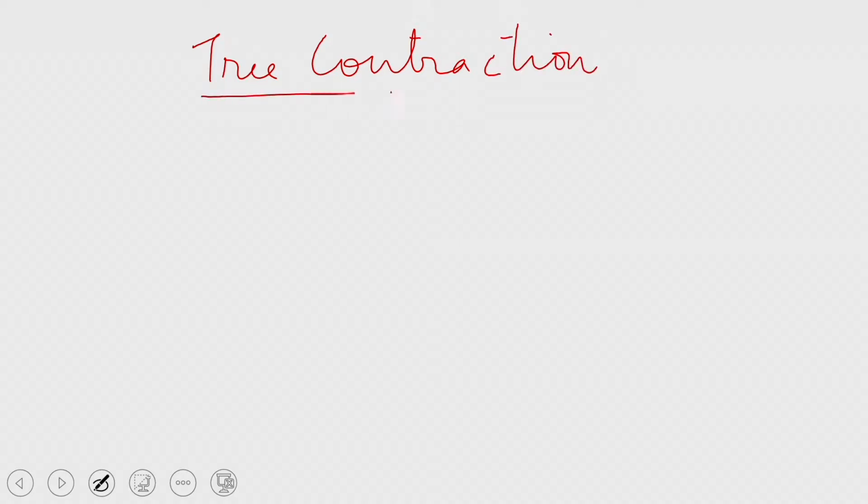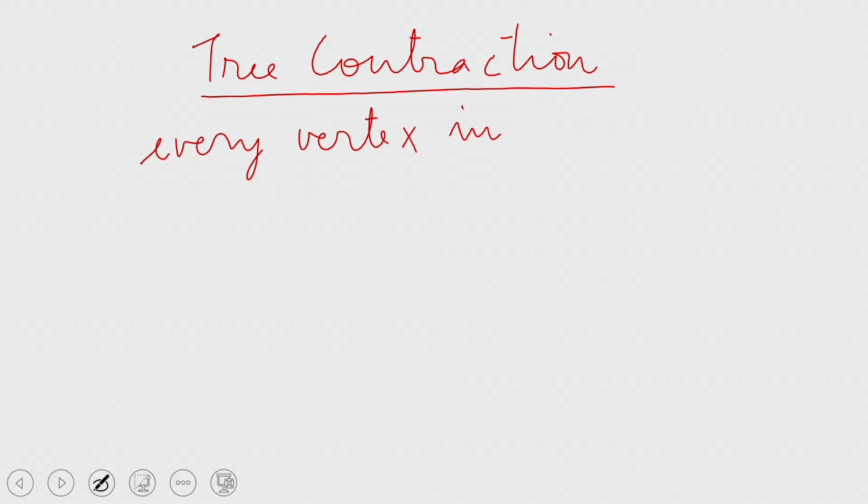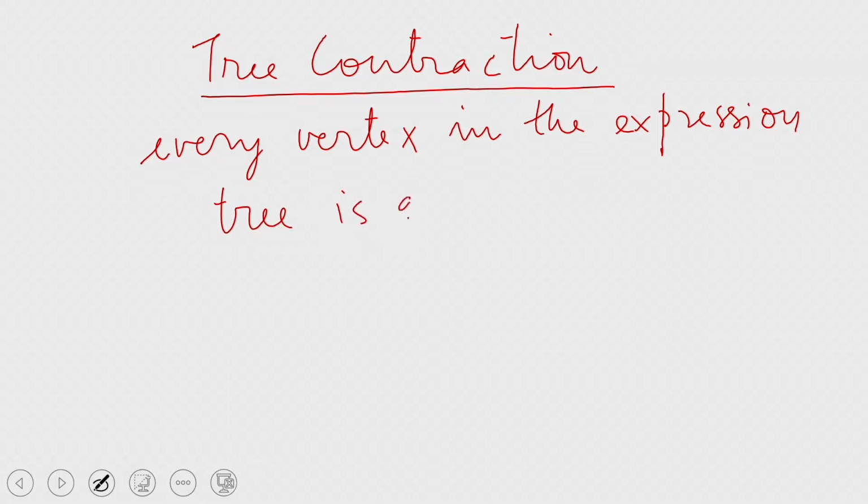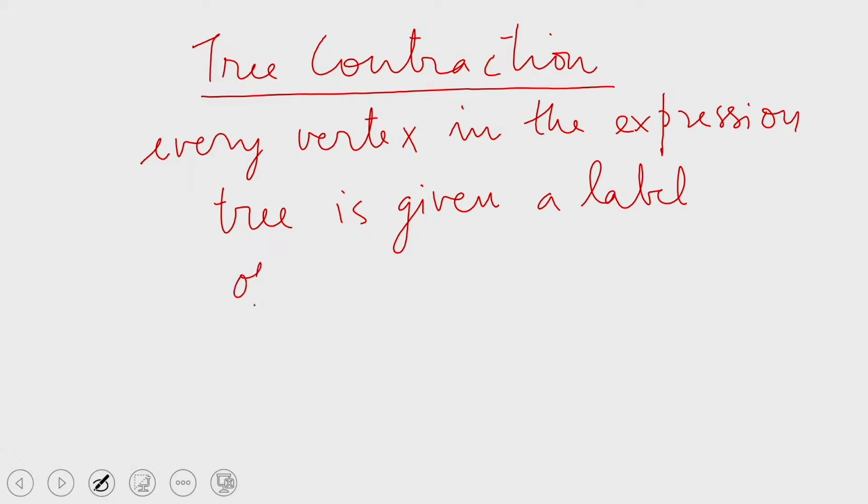For this purpose, we assume that every vertex in the expression tree is given a label of 1 0 initially.